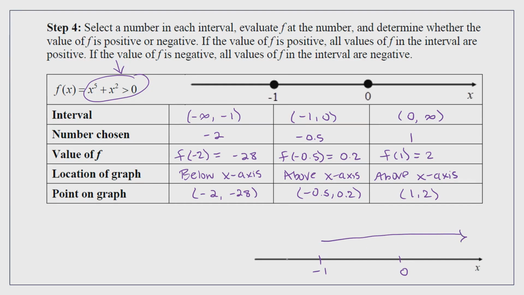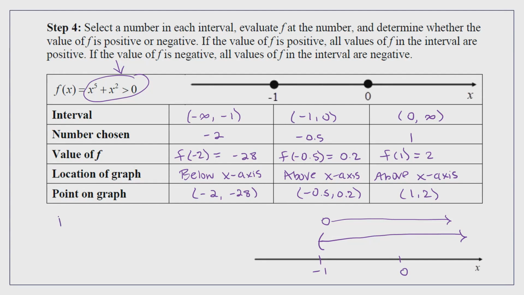Now x can't equal negative 1, because negative 1 is a zero and our polynomial has to be greater than 0. So we'll have a parenthesis. Sometimes you might see an open circle and an arrow, depending on what your textbook states.